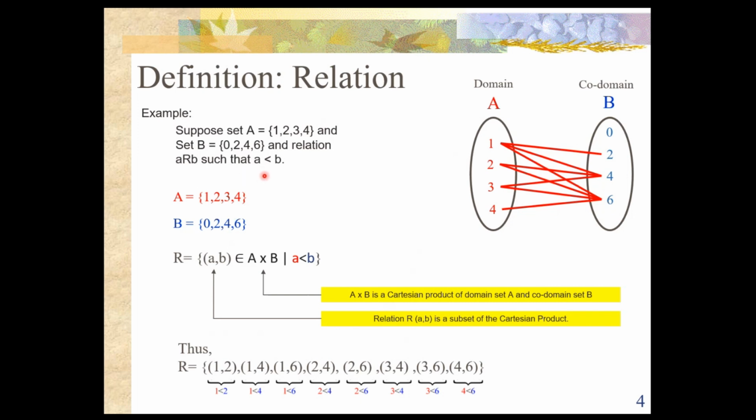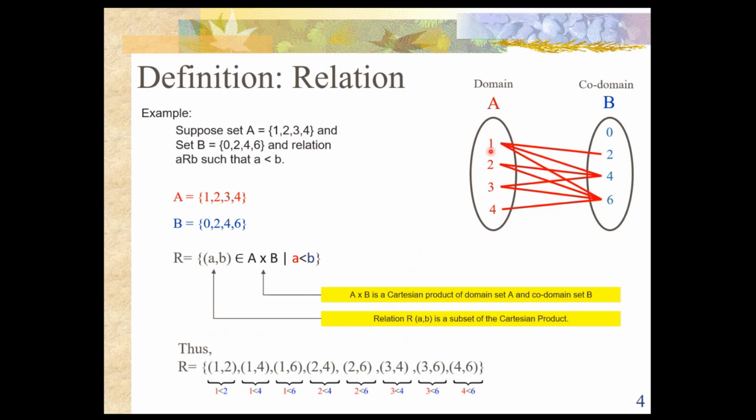In this example, it is that A is less than B. So we will map or we will connect all the elements in set A to the elements in set B based on this constraint or pattern.